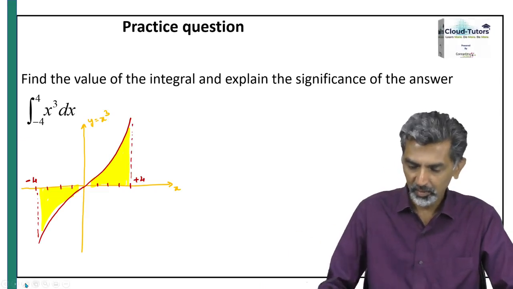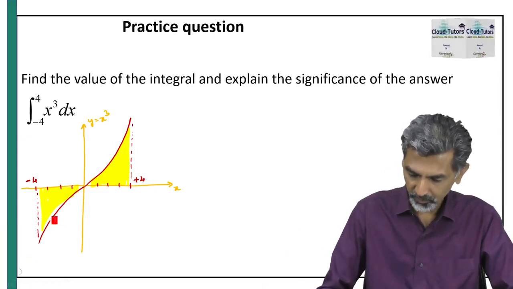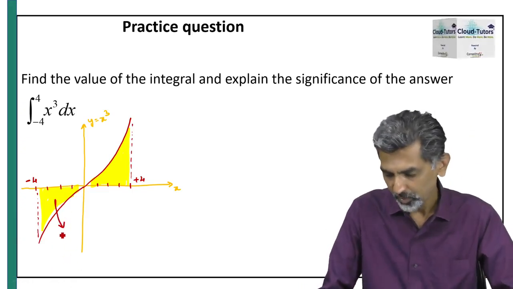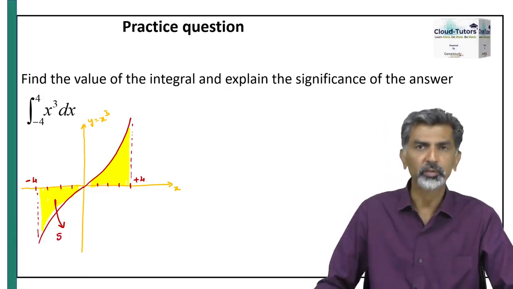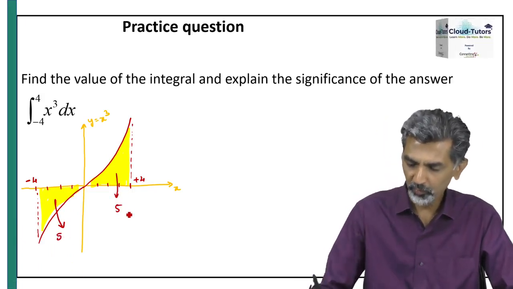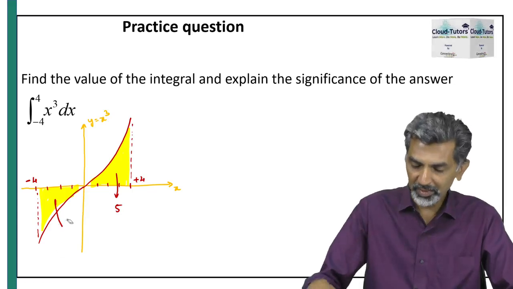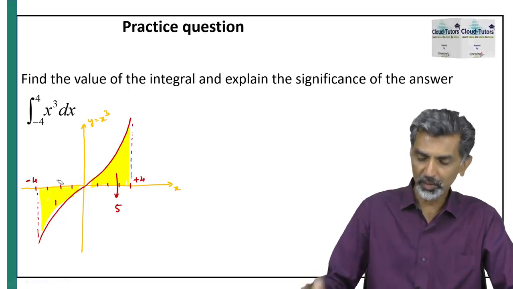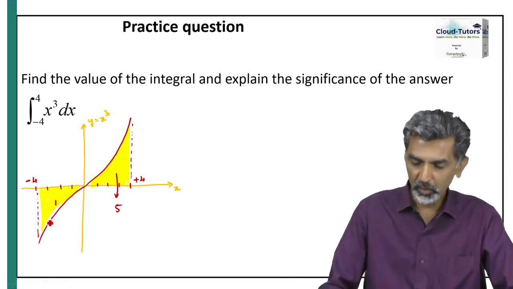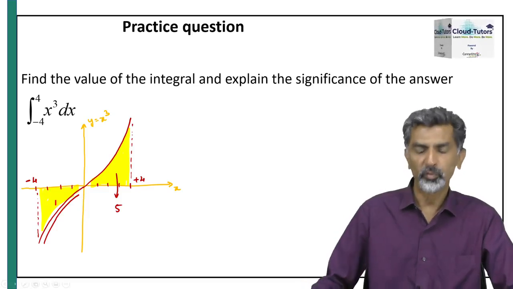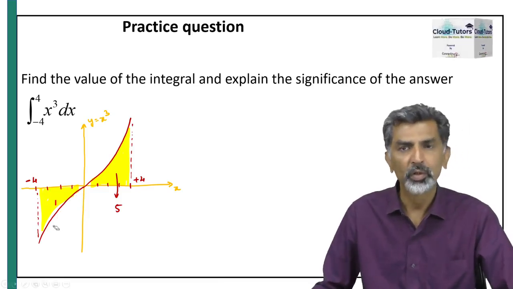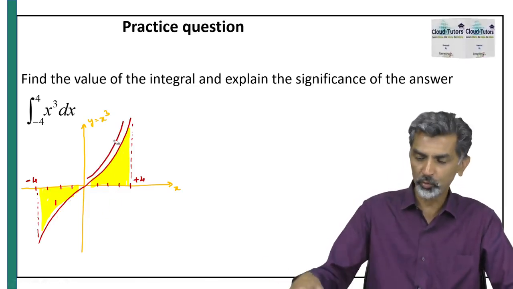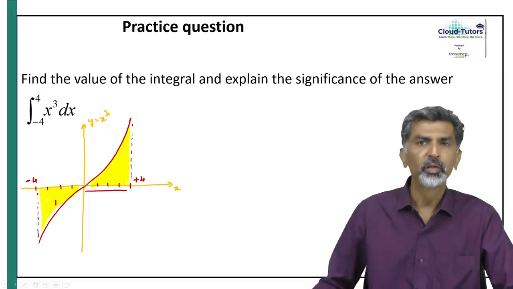Now let's say that this region here is 5 square units, and this is also 5 units. But because the upper curve here is the x-axis and the lower curve here is the function y is equal to x cube, whereas in this portion the upper curve is y is equal to x cube and the lower curve is the x-axis.